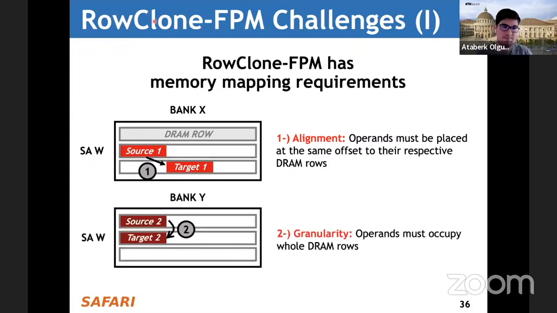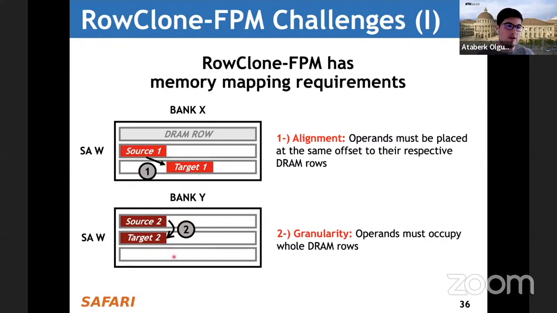The second requirement is what we call the granularity requirement, and this states that the operands must occupy whole DRAM rows. The problem is for this second case, where we have source and target aligned, but they don't fully occupy their respective rows.